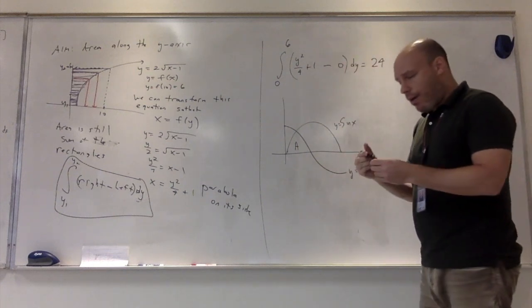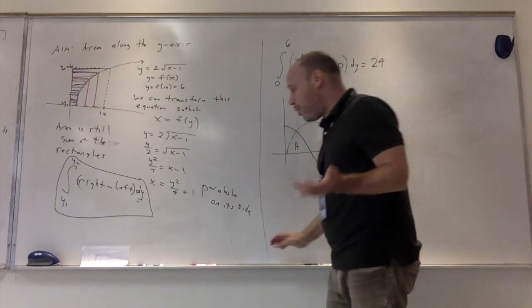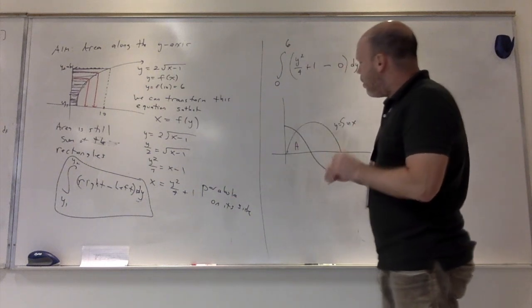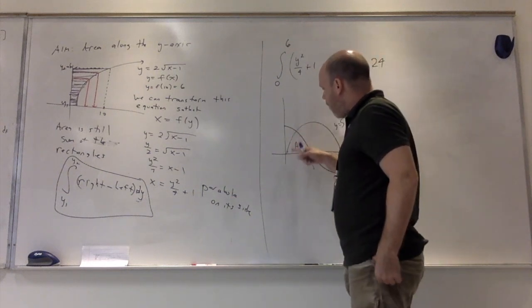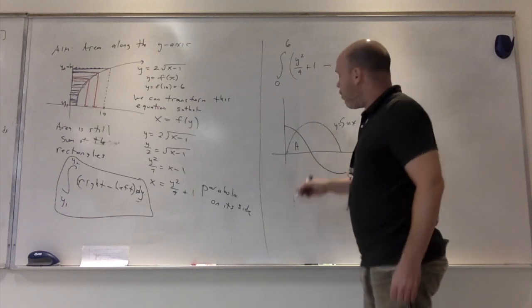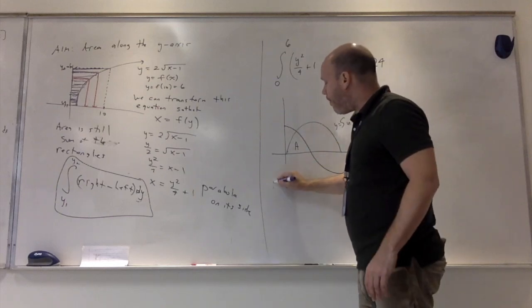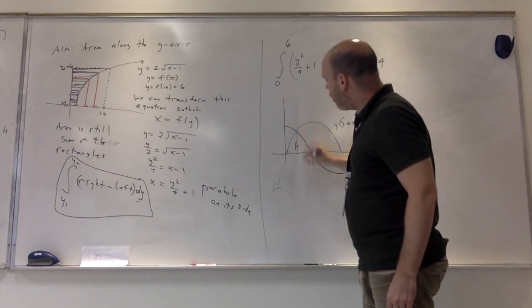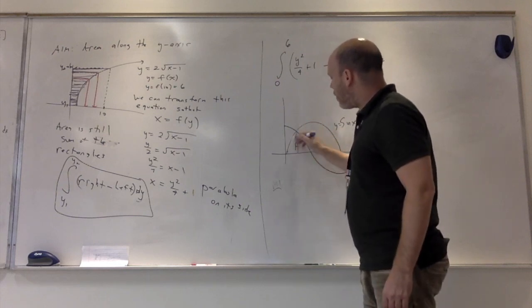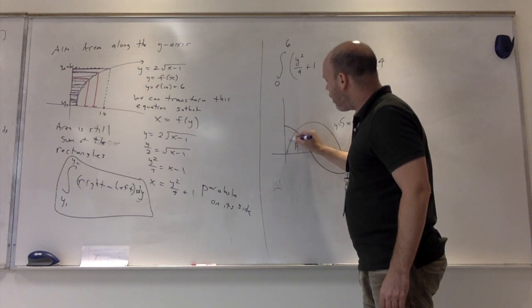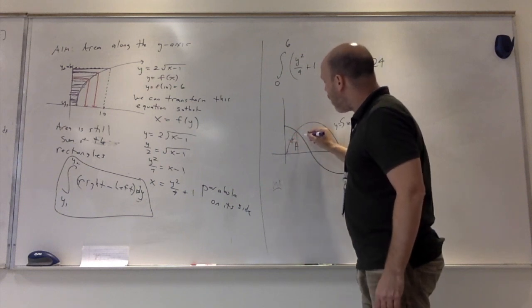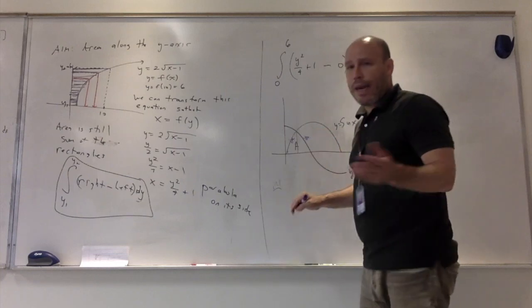There's a couple of ways of doing this. Method one might be to break this up into 2 parts. Over here, the upper is the sine wave, but over here, the upper is the cosine wave. So you might have to break it up into 2 parts.